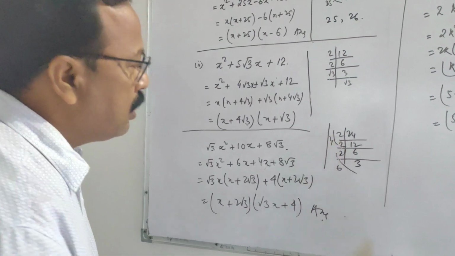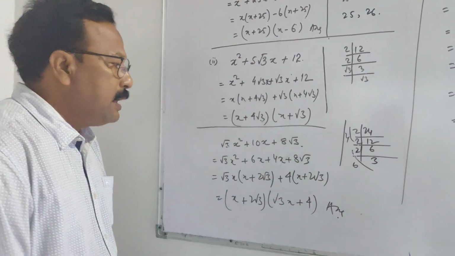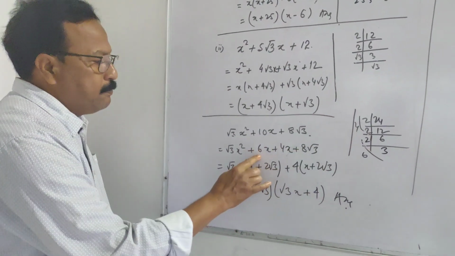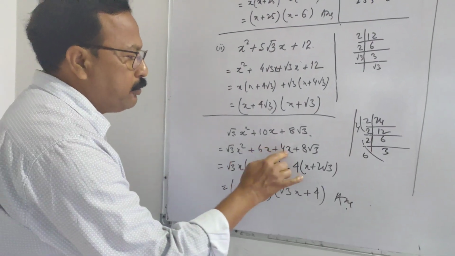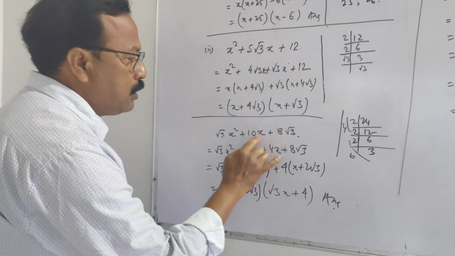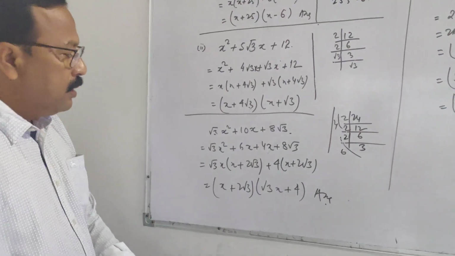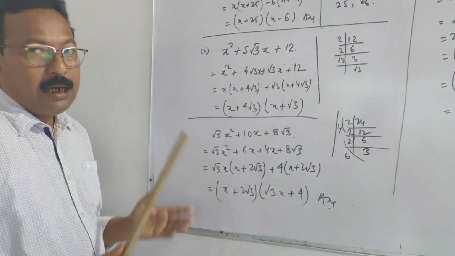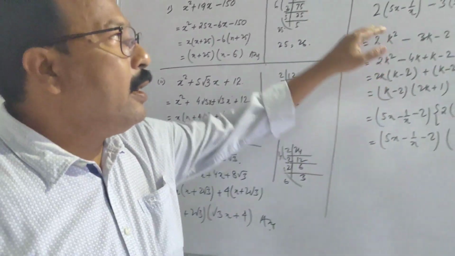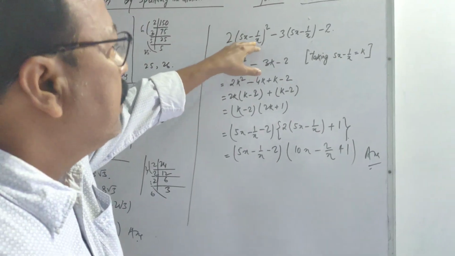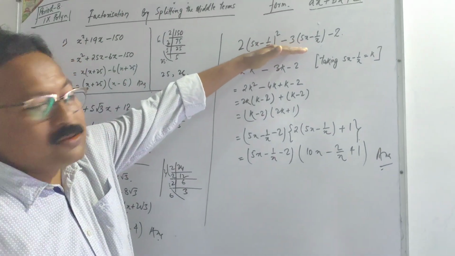This 6 and 4 we have considered as two factors, 6 times 4 is 24 and 6 plus 4 is 10, and now the process is as above. Here this one is of this type.